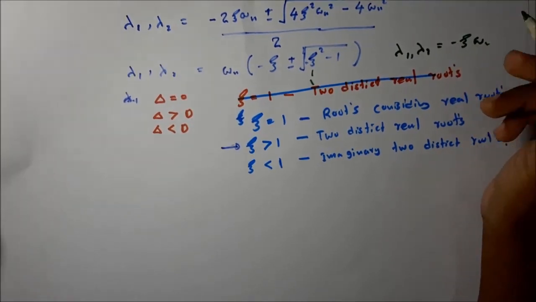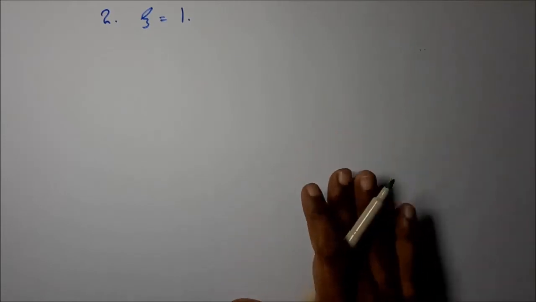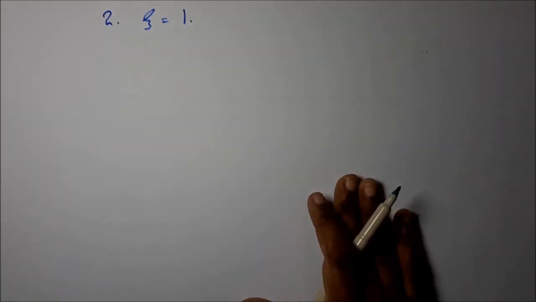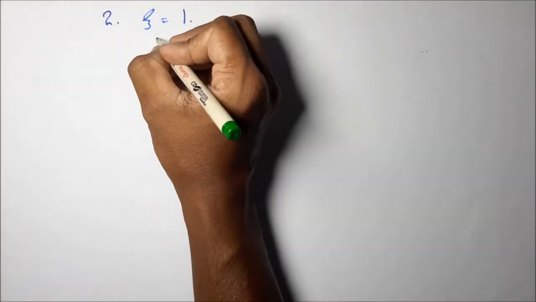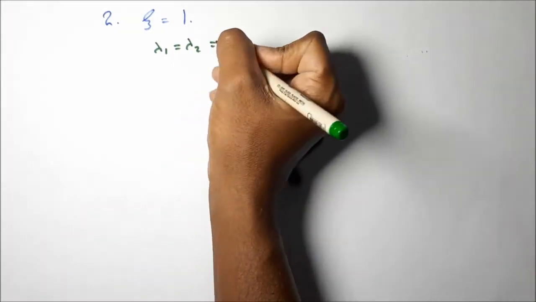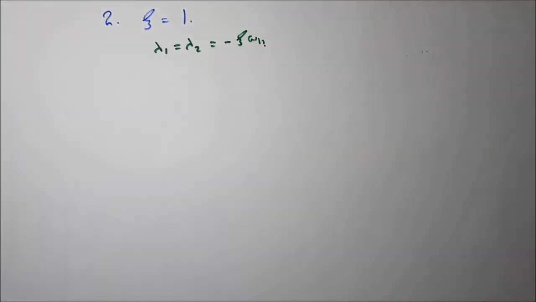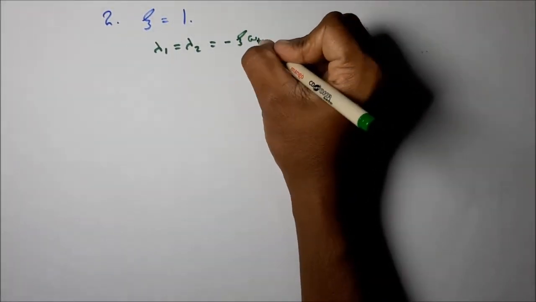That means the roots are coinciding, real roots that coincide. So lambda 1 and lambda 2 are equal to minus theta omega n. These are the two real roots.